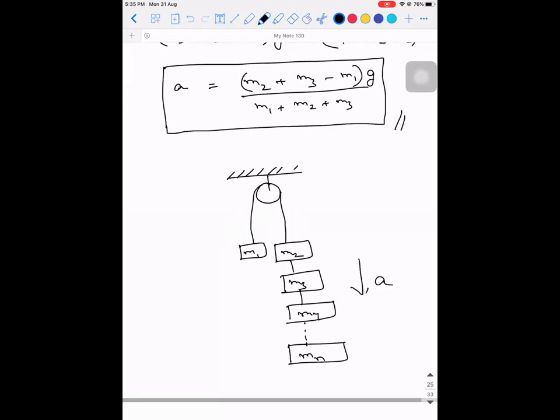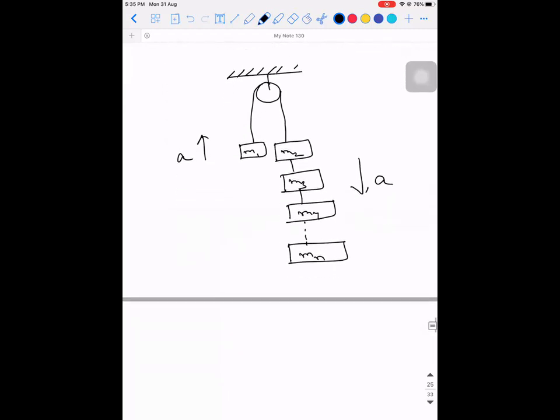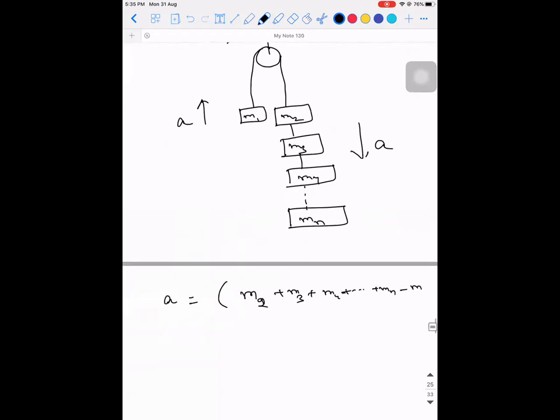So if I say that the acceleration is taking place in this direction, then how to write the answer in one step: A is equal to the sum of all the greater masses, m2 plus m3 plus m4 and so on till mn, minus m1, and the numerator should be multiplied with g, the whole divided by the sum of all the masses.